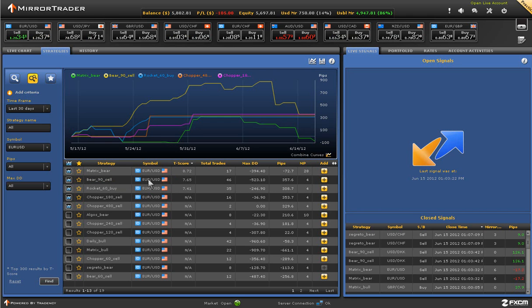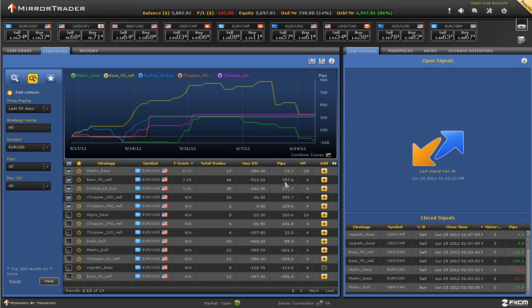But our Bear 90 sell was at 765, not as high, and yet made 357 pips. So just T-score alone, that scale 1 to 9, doesn't necessarily prove that it's going to be a great strategy for you.